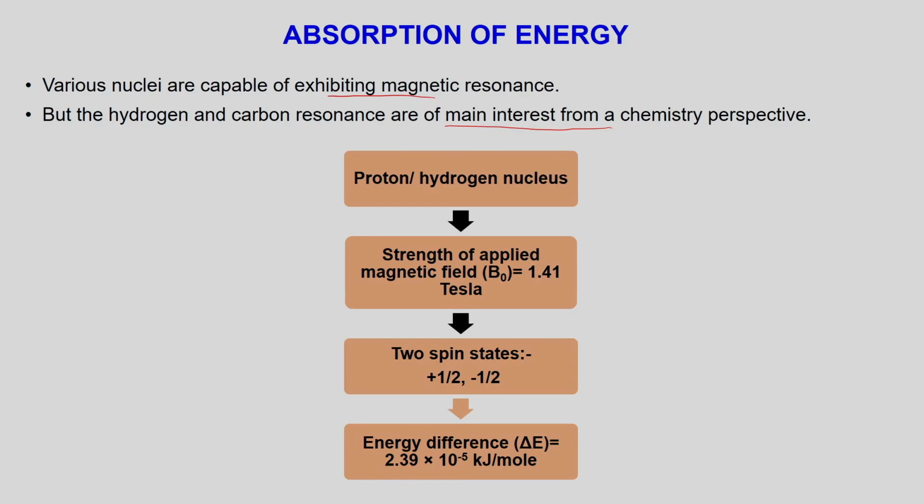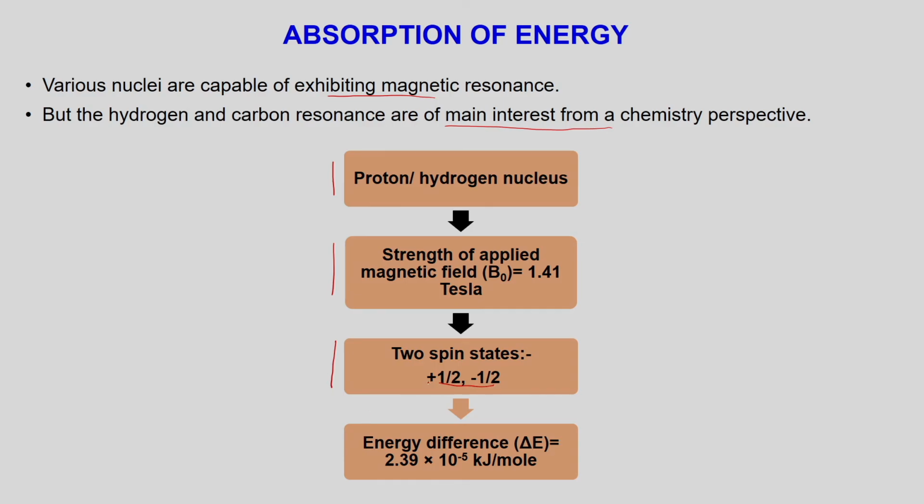In a nutshell, for the proton hydrogen nucleus, if we apply a field strength of 1.41 Tesla, we have two spin states, plus half and minus half. The one with lower energy is plus, and the one which is negative is minus.